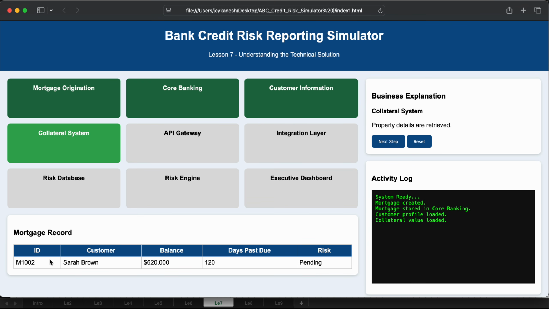Here you see we have different numbers. The mortgage balance, mortgage ID, customer information and demographics data are coming from here, and the amount is coming from core banking, and the collateral system has our number of past due and other items. So these are coming from different systems.